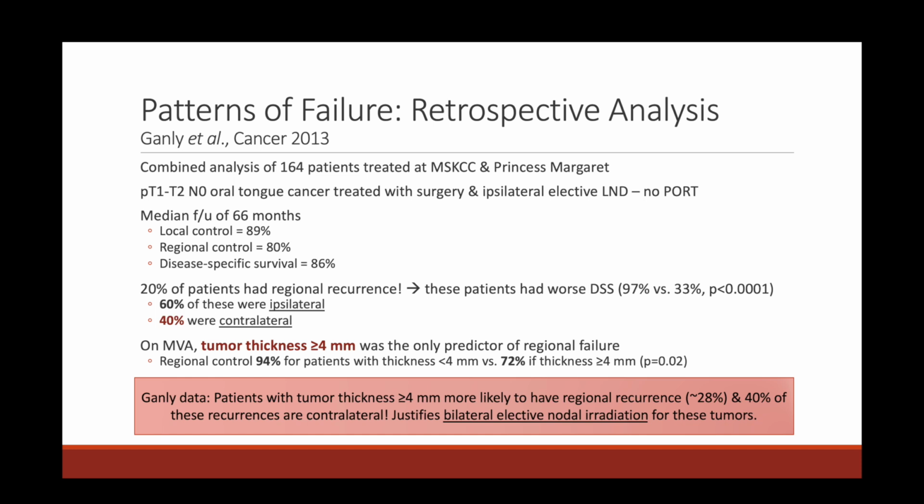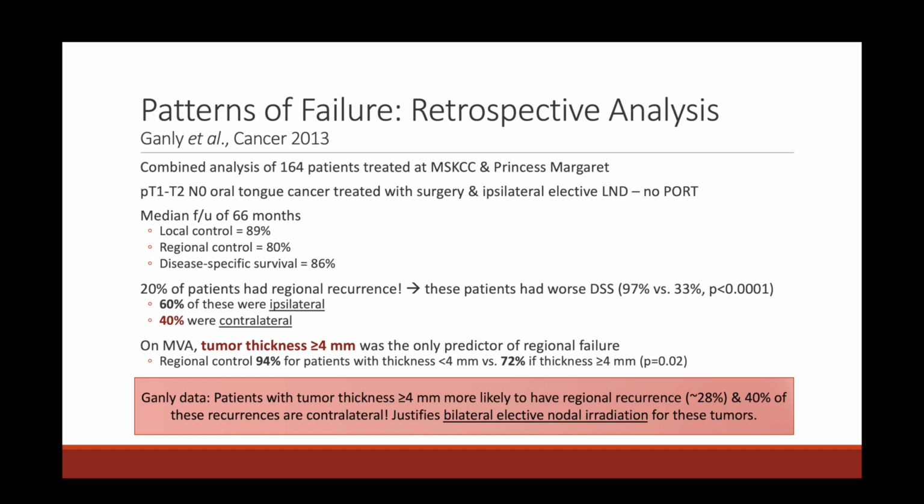And the other important factor is that on multivariate analysis, tumor thickness of 4 millimeters or greater was the only predictor of regional failure. So for patients with tumor thickness less than 4 millimeters, the regional control was 94% versus 72% if the thickness was greater than or equal to 4 millimeters.